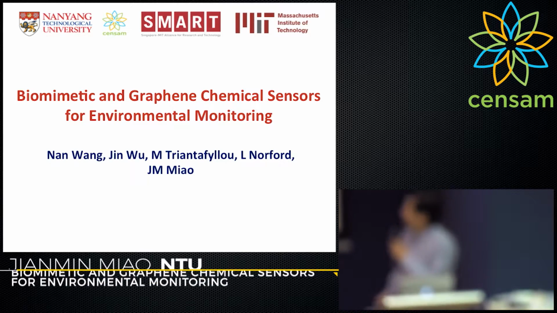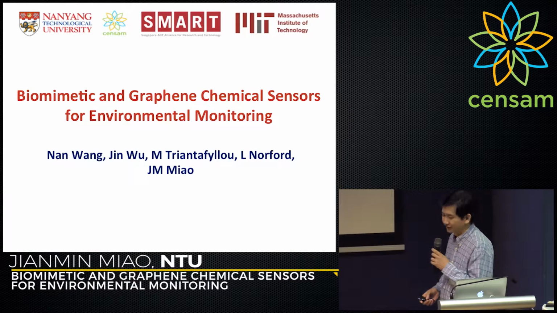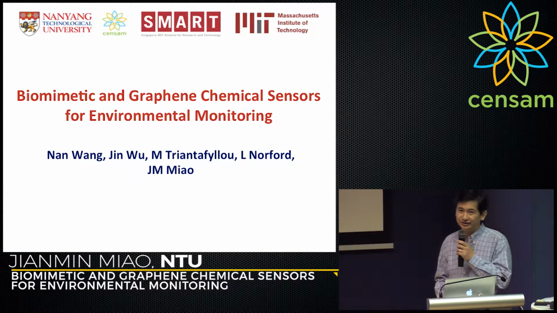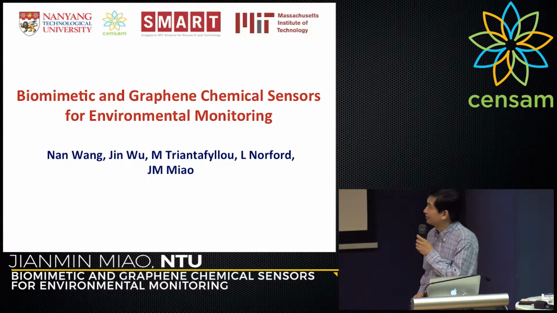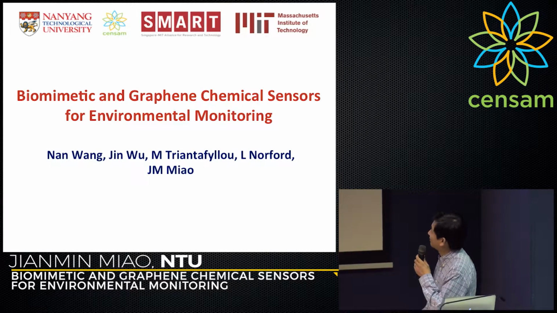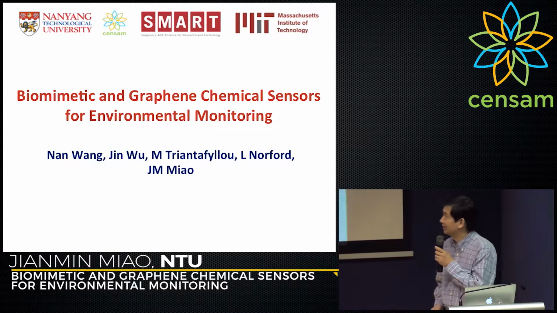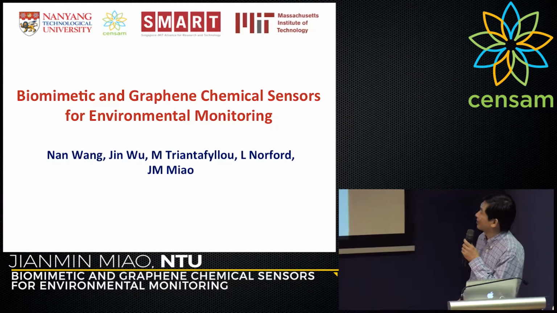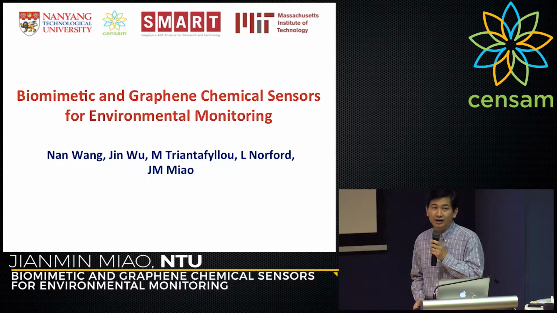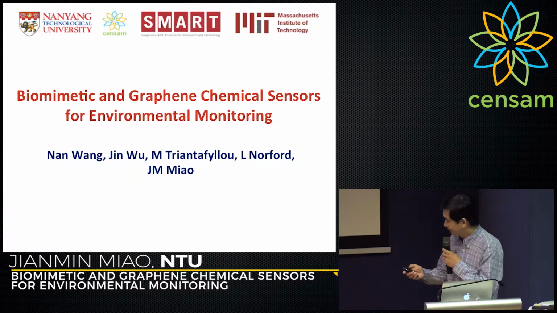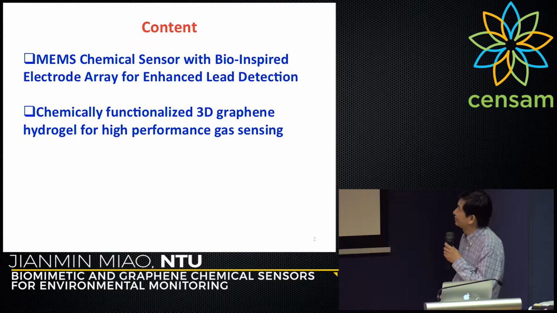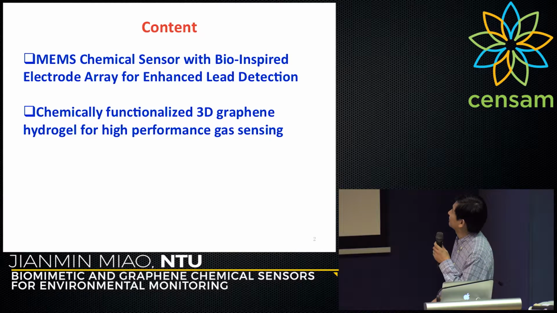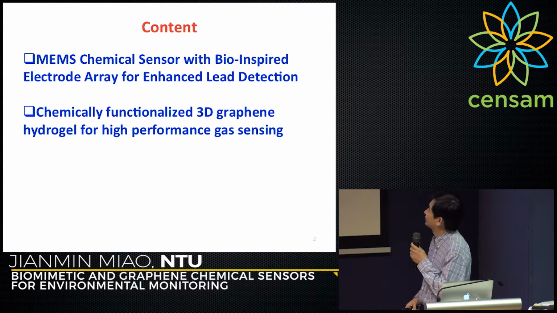And good morning. I'm going to present two sensors for environmental monitoring. The first sensor is a biomimic chemical sensor. Another one is a graphene-based chemical sensor for air pollution measurement. The first sensor, we call it a MEMS chemical sensor with bio-inspired electrode array for enhanced lead detection.